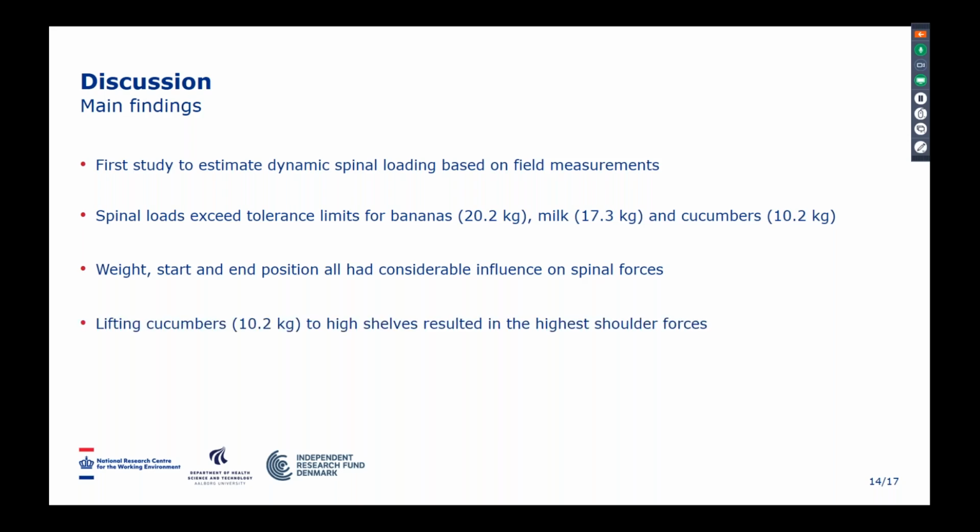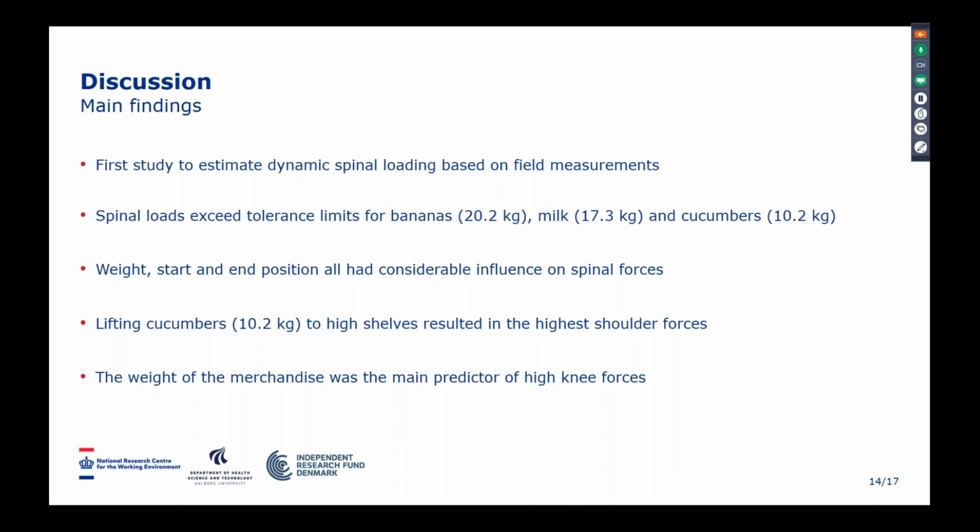Another finding was that lifting cucumbers, a relatively light merchandise, to high shelves resulted in the highest shoulder forces by far. Also, the weight of the merchandise was the main predictor of high knee forces. So high knee forces were not really dependent on the start or end position, at least the resultant knee forces.